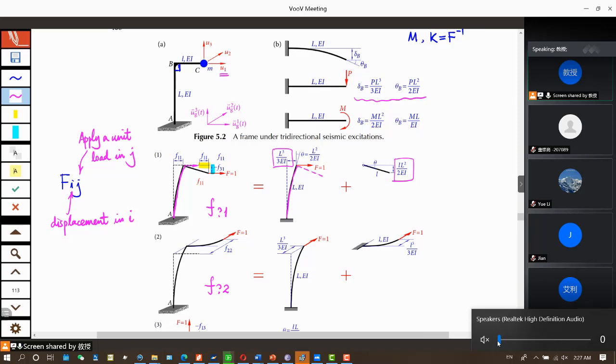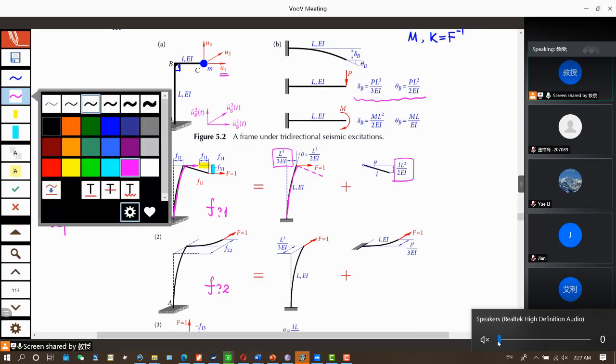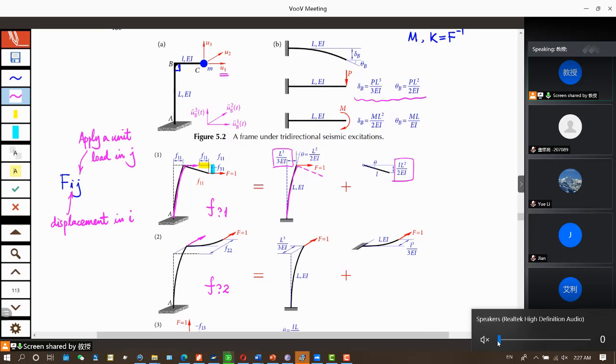You have this part, apply a force to find this deformation. Now look at this part. It's equivalent to a clamped beam under force F, so we can find this displacement. These two add up, giving us the total displacement F22.